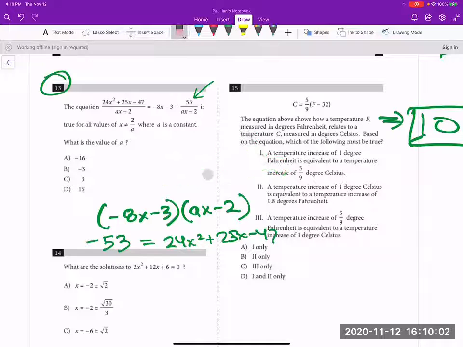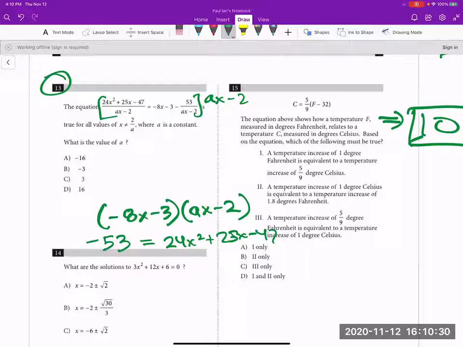Let's erase this so we have more room. Let me see if I can use another form of this to make this make sense. So if you times this whole thing by ax minus 2, yeah? And then you're going to get this equation, right? Yeah. So that's another way. But you could always think about it that it's a remainder, so you can minus it that way.